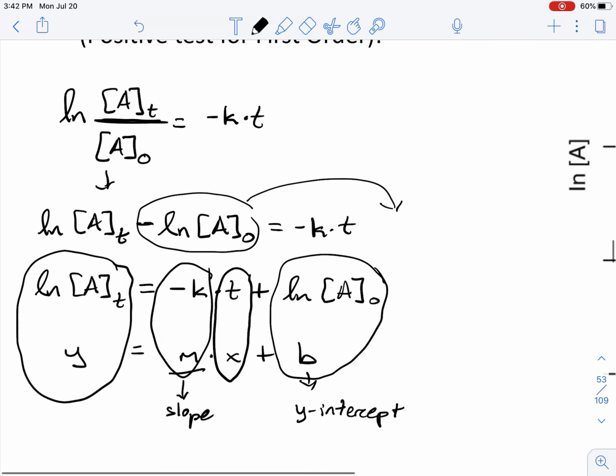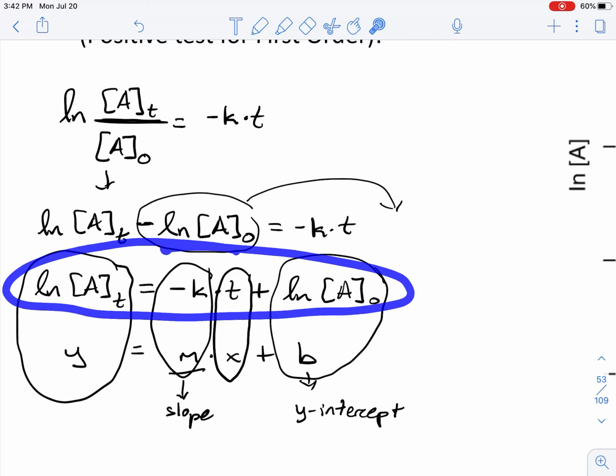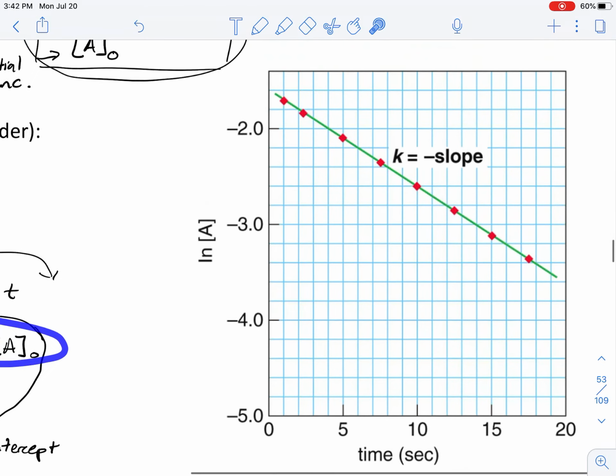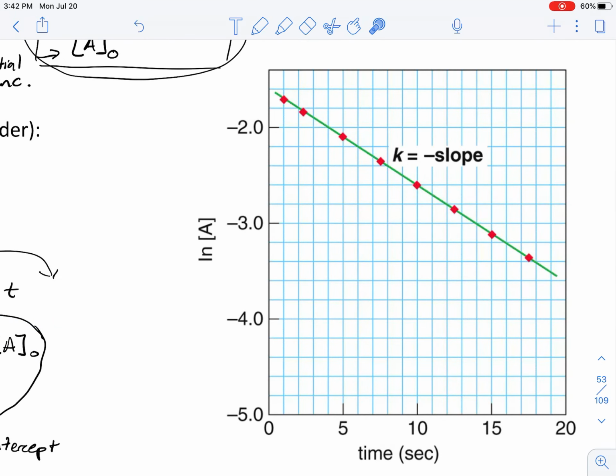And so if I were to plot this equation, I get a straight line that looks like this. So I get a straight line that's going down, so this is a negative slope. Now, what you want to pay attention to is the units for the axis.